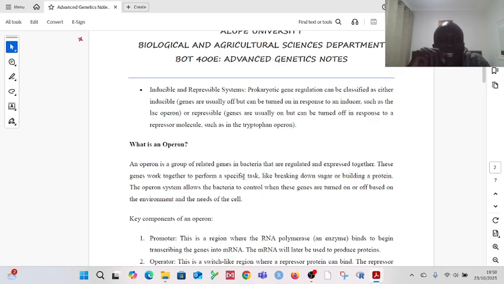On the other hand, for the repressible system, the genes are usually on. Ni kama switch ya stima iko on, but you need to turn it off ndio uokoe tokens. So repressible, the genes are usually on. Something needs to be present so that they can be turned off.